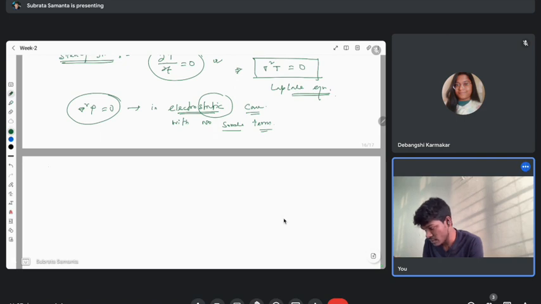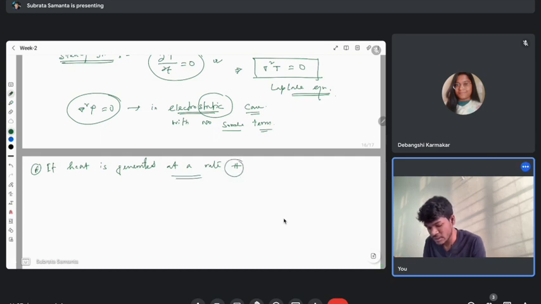So if heat is generated at a rate h per unit volume per unit time, this is the rate.